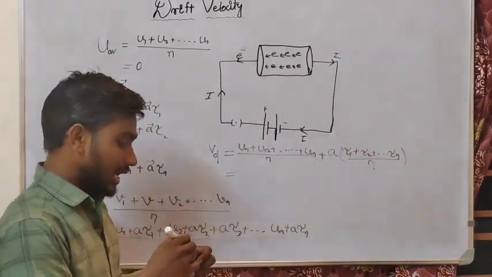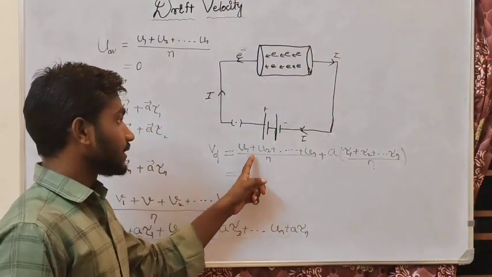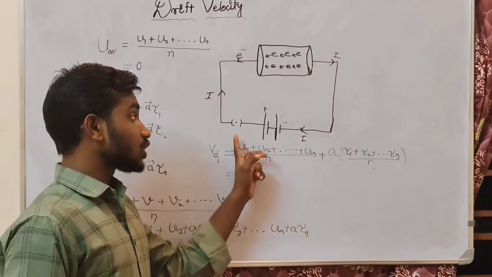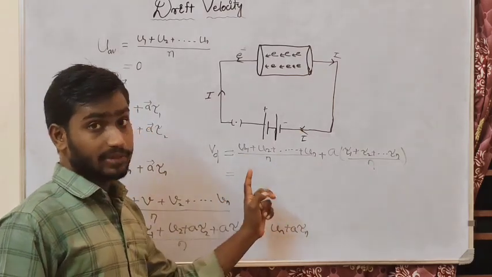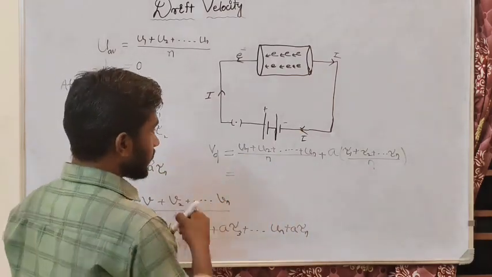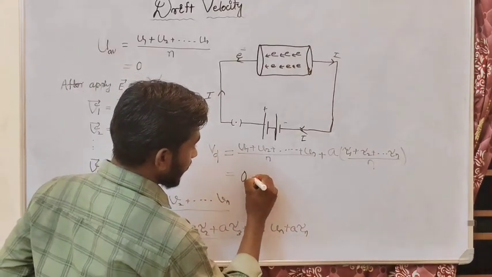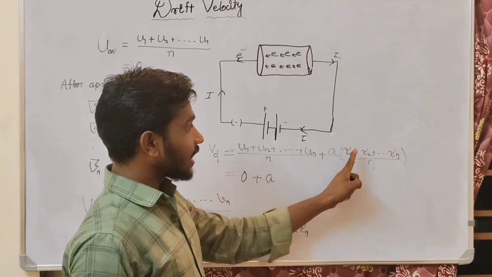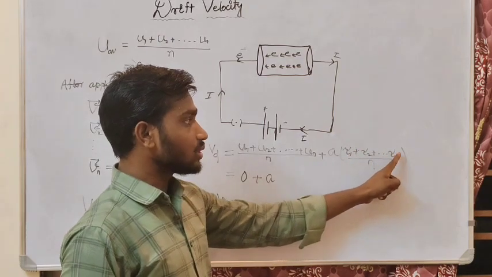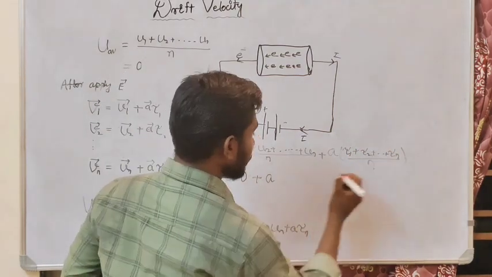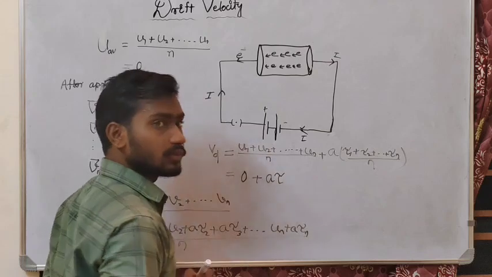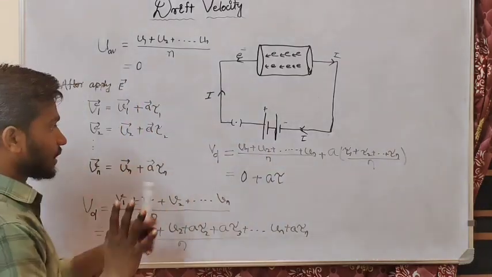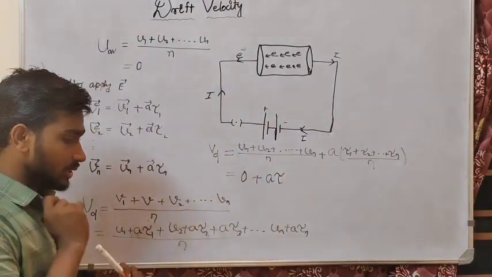As we know, the initial average velocity of all the free electrons is 0, so this part will be 0, and the average of tau 1, tau 2 up to tau n will be tau. Then we get this value.